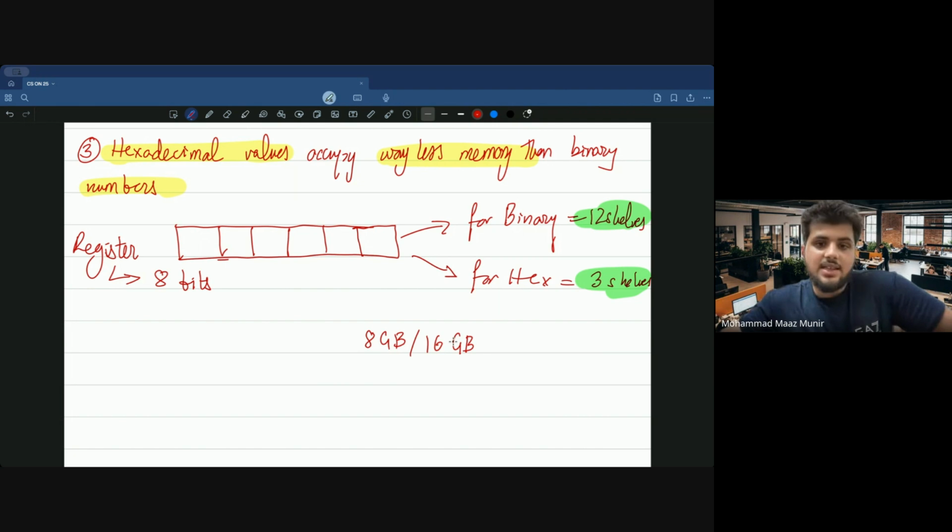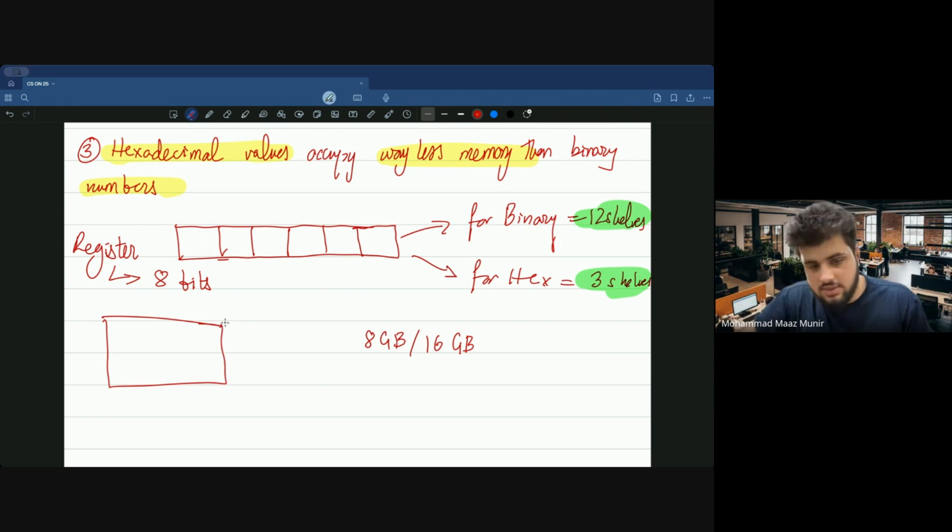Just like that, when we buy these SSDs or hard disks, we have memory slots created in them, and every memory slot has a register. Let's make it a bit diagrammatic. It's not like this, but for your own explanation. This is a big hard disk, let's call it the new gen SSD.